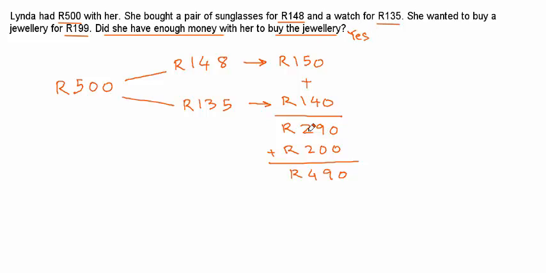So this is how you could use your knowledge of rounding to estimate the answer. If you actually add these two numbers up, you won't get 290. You will get something close to it. But it gives you an idea to say, okay, yes, she does have enough money, so she could buy it.